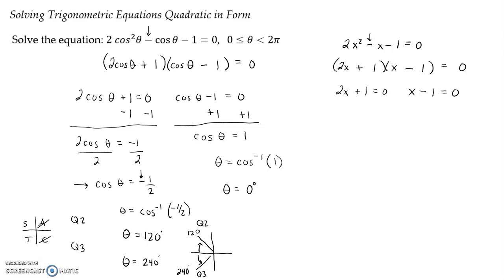Alright, so we have a total of 3 answers for this question. We have an angle measure here of 0 degrees, an angle measure of 120 degrees, and an angle measure of 240 degrees. Let's go ahead and get each of these values converted to radians.